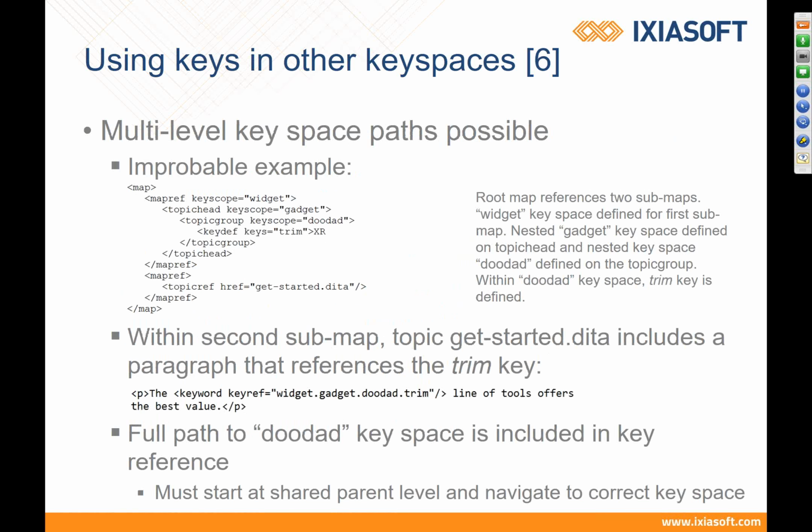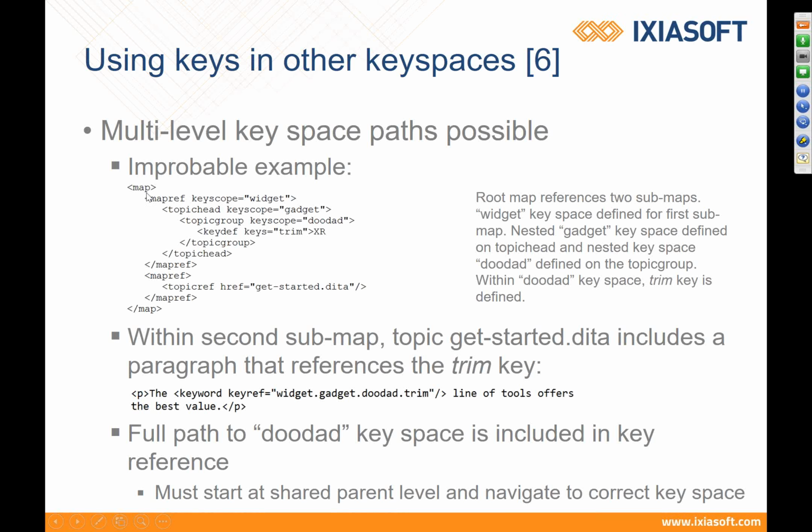Now you can have multi-level key spaces in a key reference. So again, here's another silly, improbable example. I've got a topic called Get Started DITA, which is inside of a submap, which is inside of a parent map.